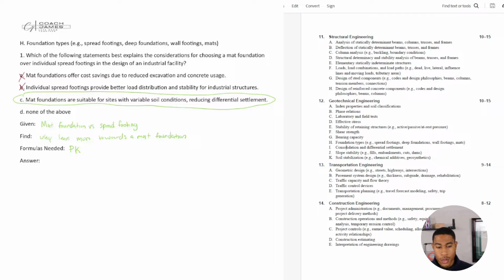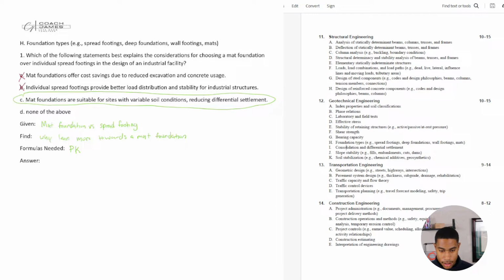In situations where you have extremely heavy loads or high bearing capacities are required, other foundation types, like maybe a deep foundation, may be best suited. So if you have super heavy loads and you need to go super deep, you don't want to be using a mat foundation.